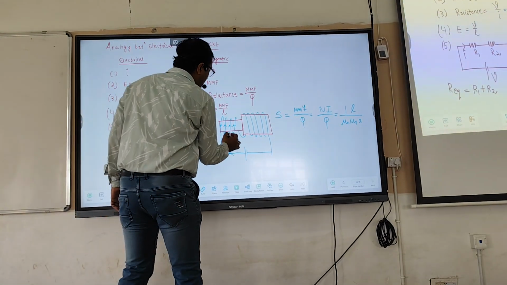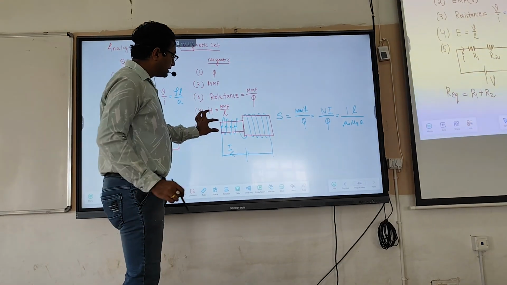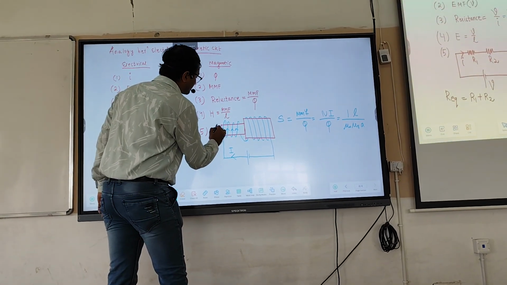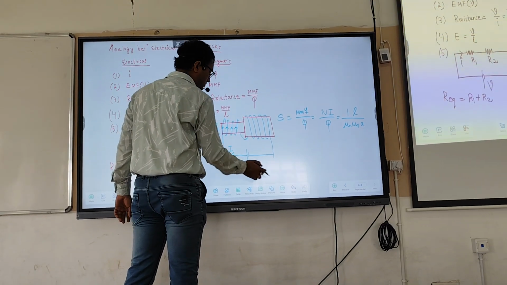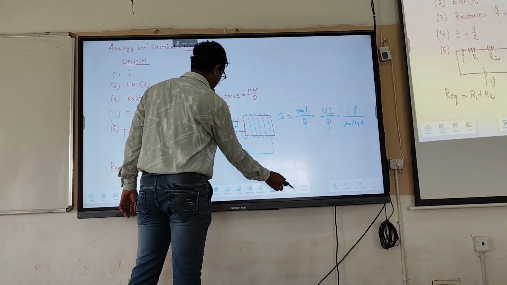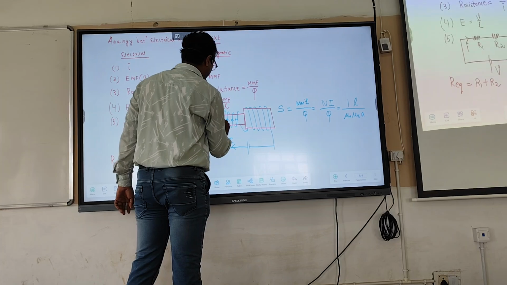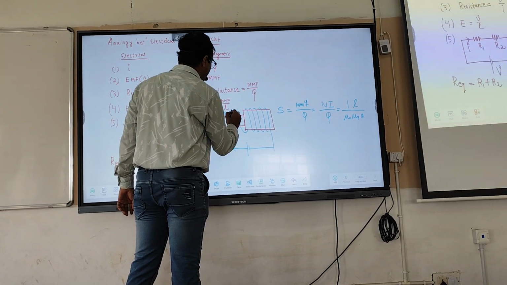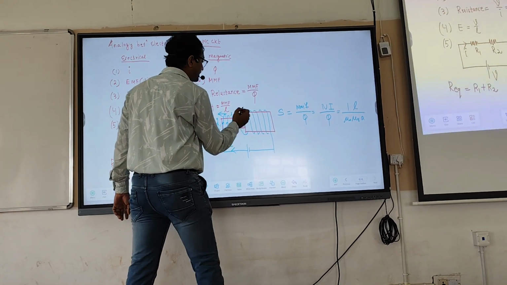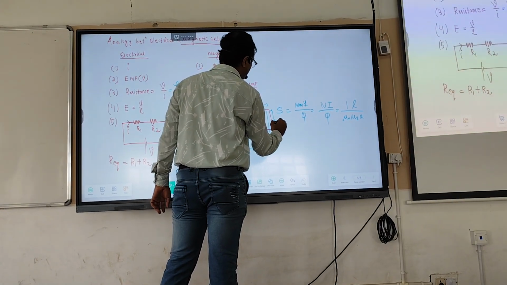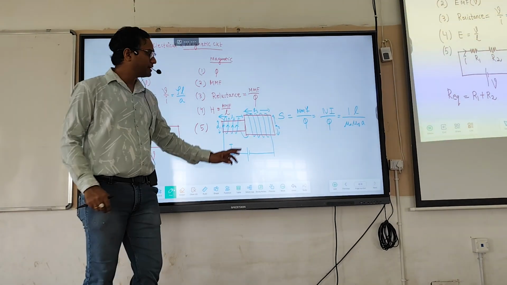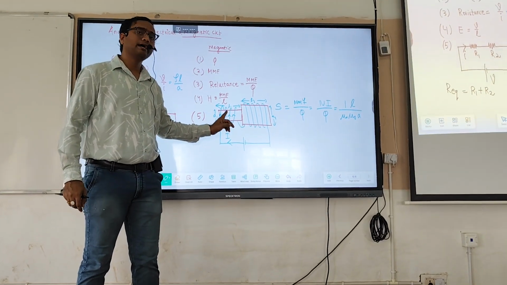So here the length of the core will be L1 and area will be A1. And here this is L2 and this is A2. For example, this is made up of wood and this is made up of iron.